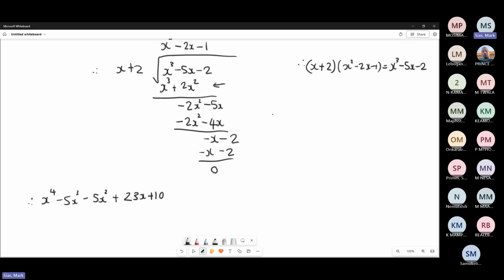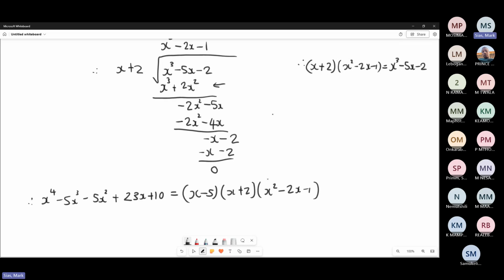And we initially wrote it as, we remember we got 5 as a factor there, so x minus 5 was a 0, so x minus 5 is a factor. And then we split up the cubic polynomial into x plus 2 times x squared minus 2x minus 1. So we can see that 5 is a factor and minus 2 is a factor.